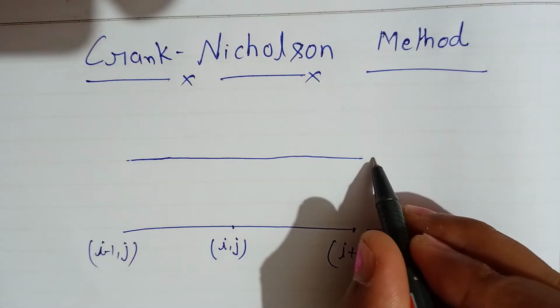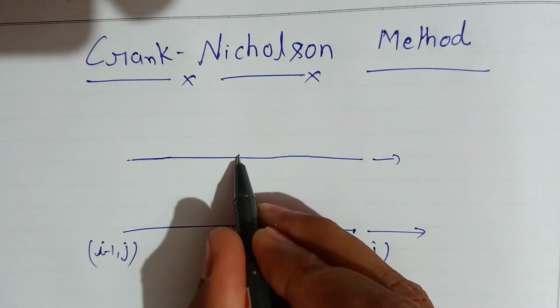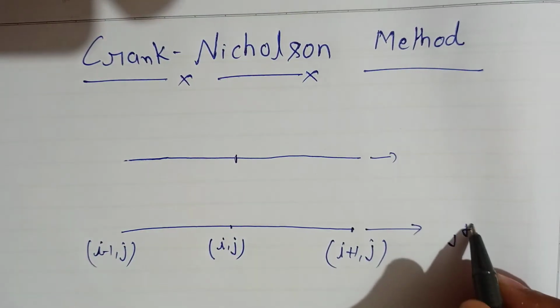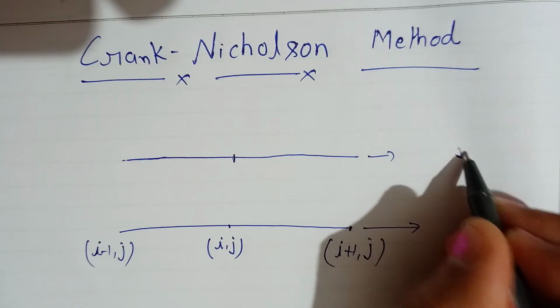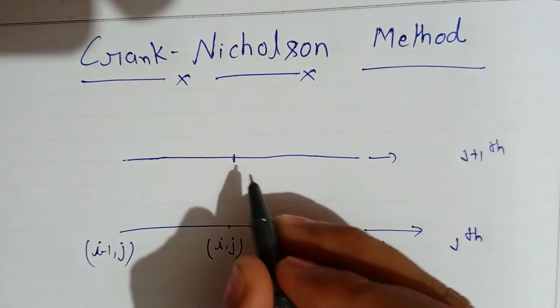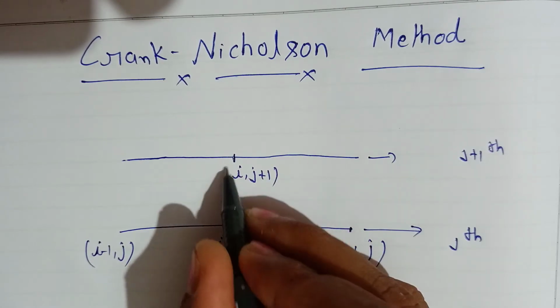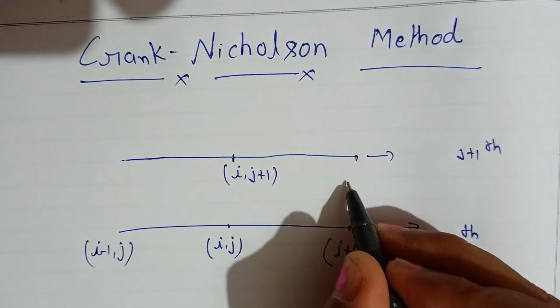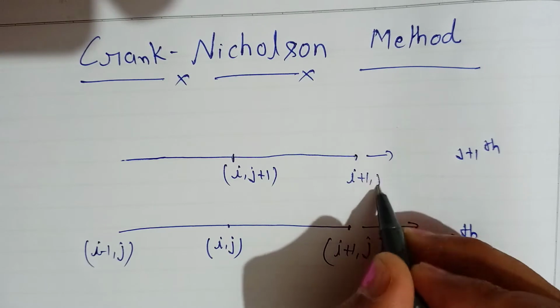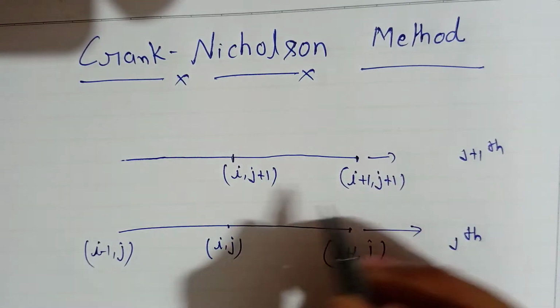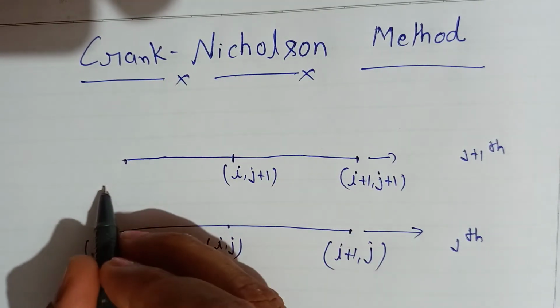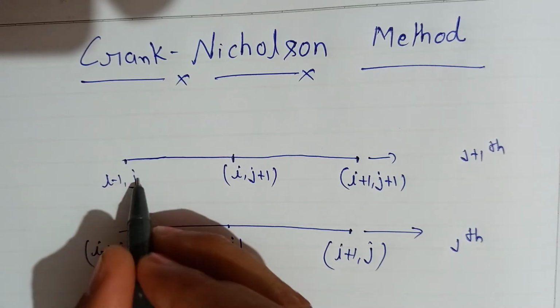If you go to the next time step, this is the jth level, this is the j plus 1th level. So i will be the same and it will be j plus 1. This node is i plus 1, j plus 1, and this node will be i minus 1 and j plus 1.